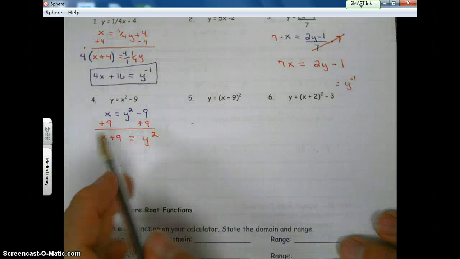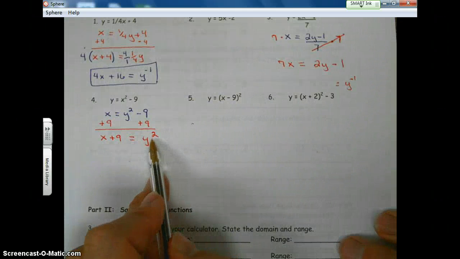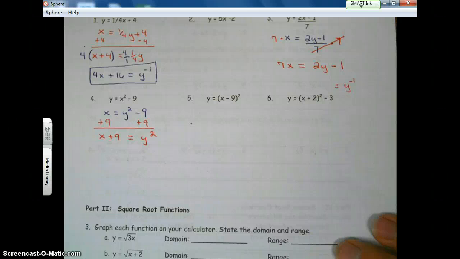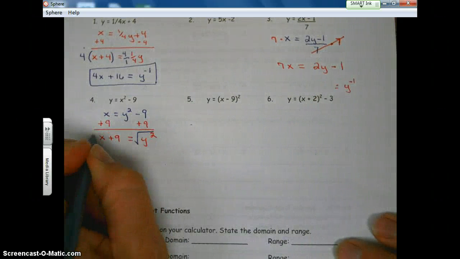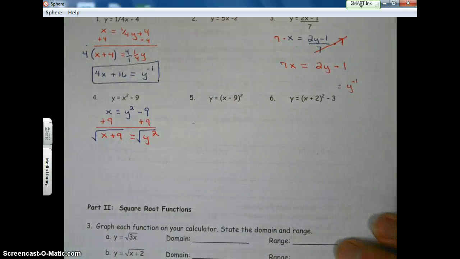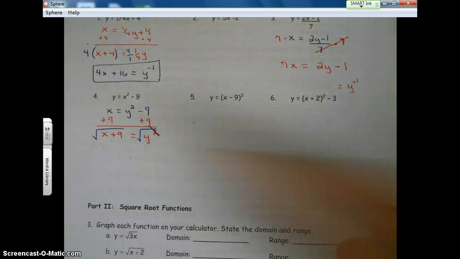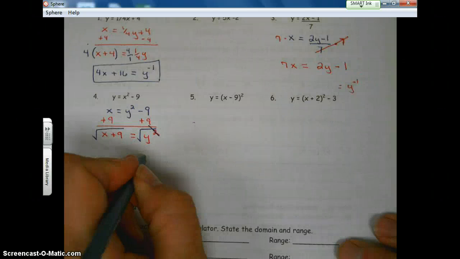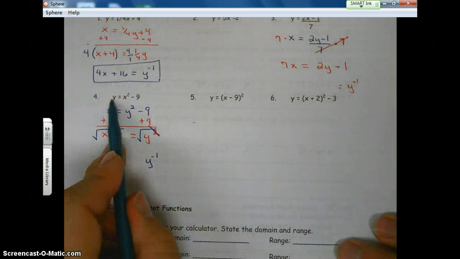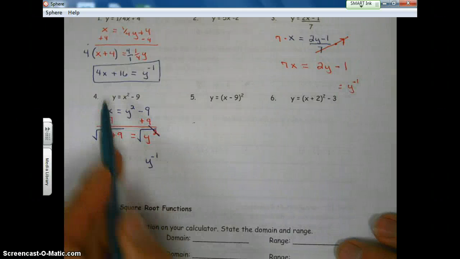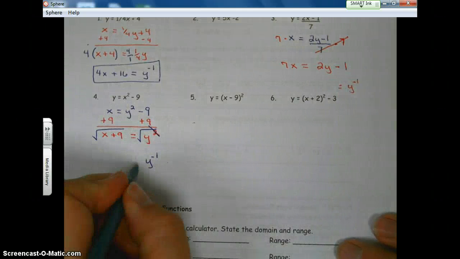Okay? Now, to undo, the inverse of squaring is square rooting. Okay? So squaring and square rooting cancel, they're inverses. So we're going to have the inverse of y.